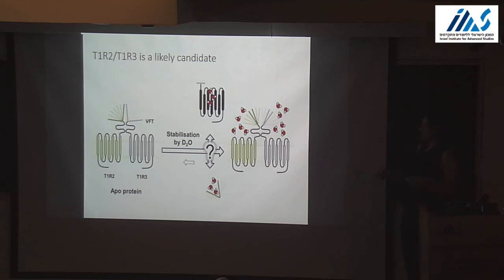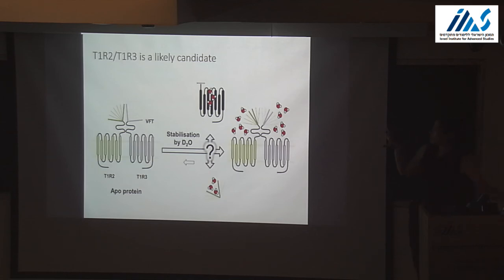So it could be this case, or it could be particular water in the TM domain. When it is regular water, it's just there, and there are crystallographic waters that were found, and some of them were even conserved across different structures.